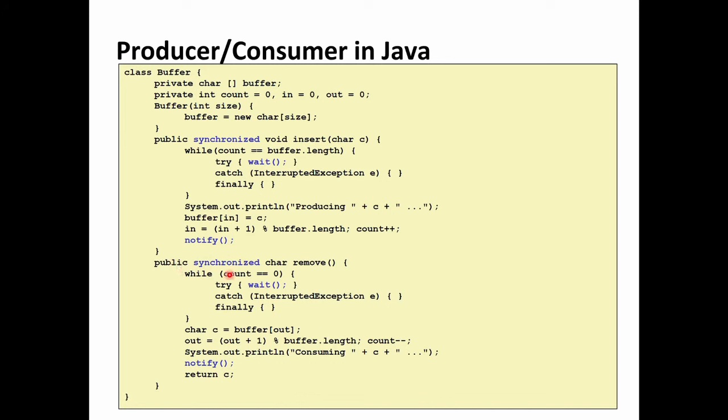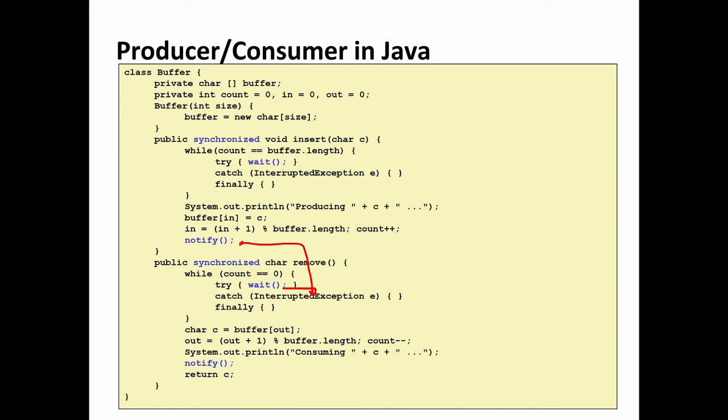And here we have the remove part. Again, in this case, when the count is 0, it means that there are no items in the buffer. It will do a try wait until it gets an exception, and this exception is likely to be obtained from the notify. So this notify will actually cause this exception.